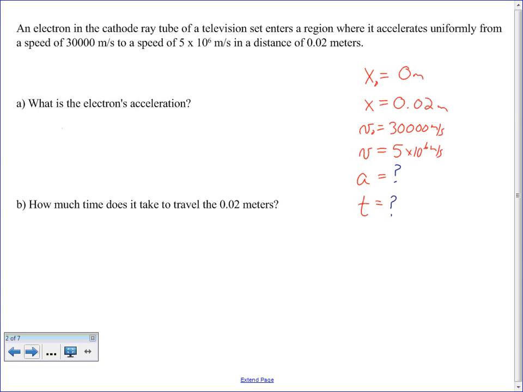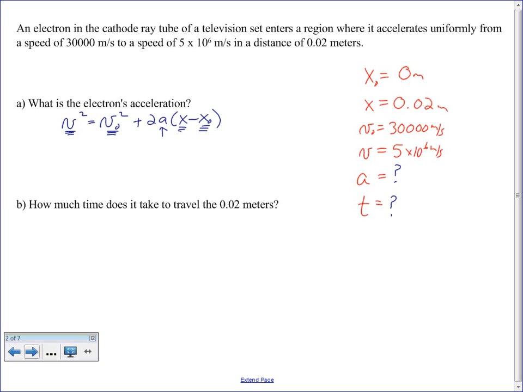The equation that doesn't have time was the third equation that I had written that related the velocity to the position. If we look at this equation, we know what this velocity is, we know what this initial velocity is, we know what these ending and starting positions are, and so the only thing that we have left to do is to solve for the acceleration.